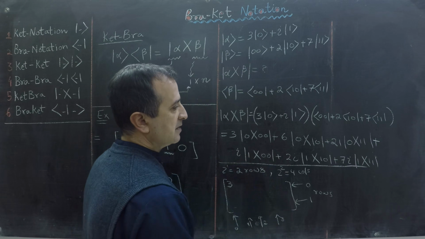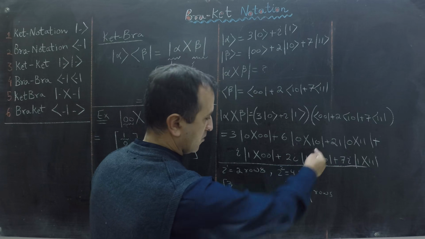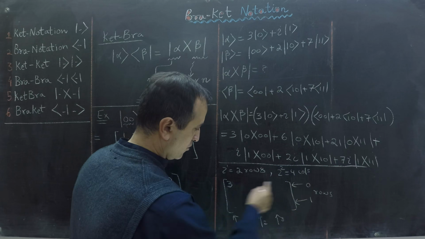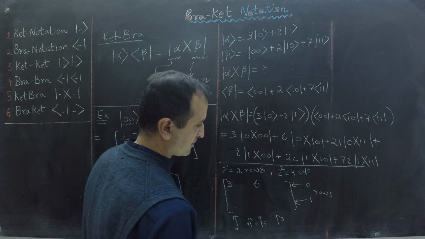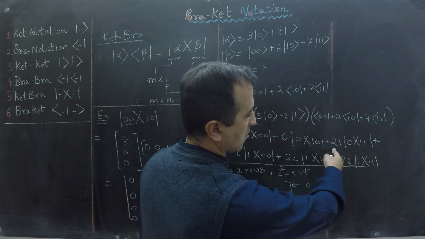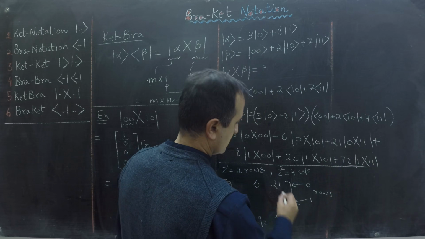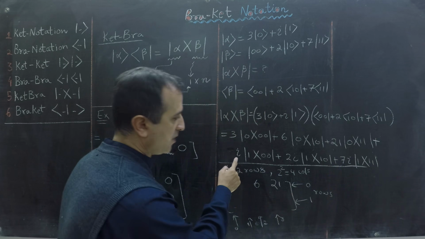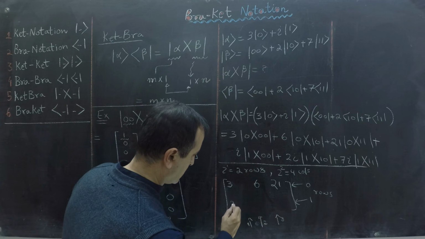This is saying put 6 on the 0th row and second column, so I put 6 here. This one is saying put 21 on the 0th row and third column, so I put 21 here. This is saying put iota on the first row and 0th column, so I put iota here.